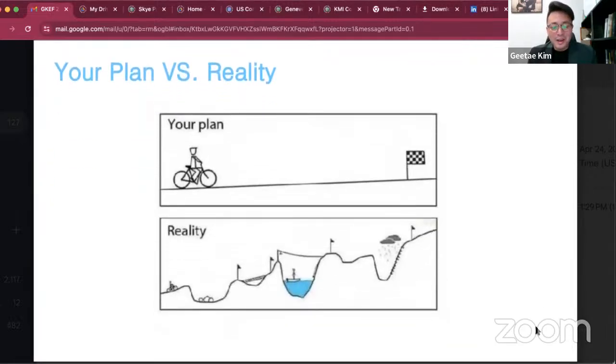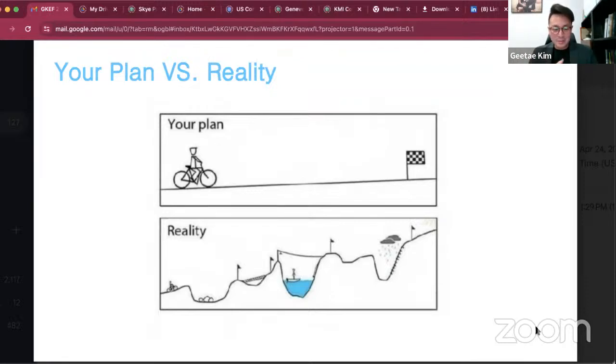This is an image I think about quite often, because you plan things ahead, and we planned for everything to be pretty straightforward. Especially if you have no experience in real life, like I didn't, you think you're going to have a very straight path.